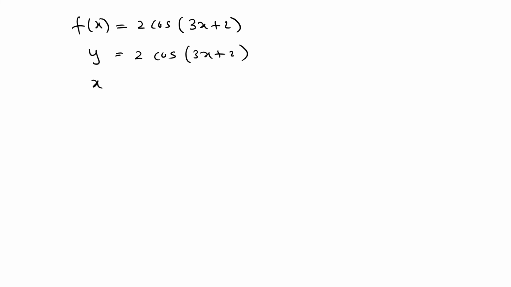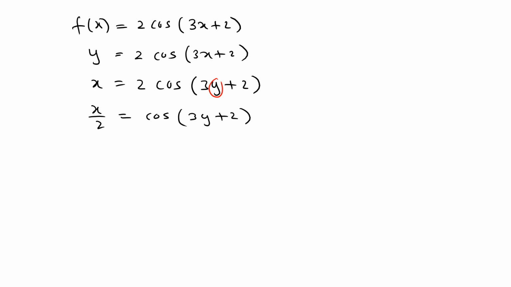Switch the variables, so x equals 2 cosine(3y plus 2). Now the goal is to solve for y. We can divide by 2, so x over 2 equals cosine(3y plus 2).